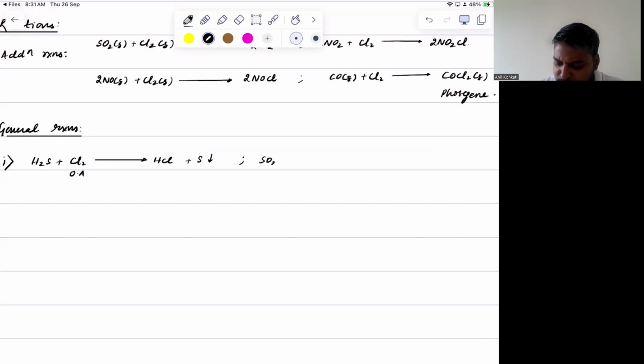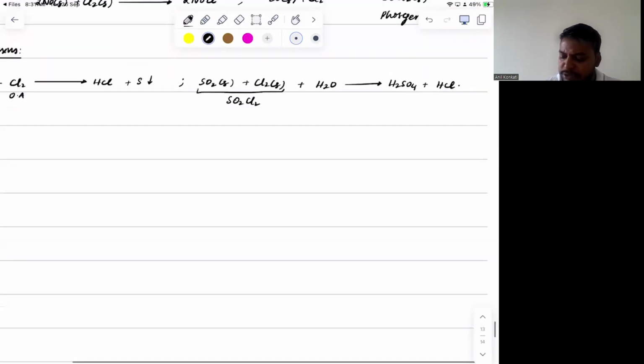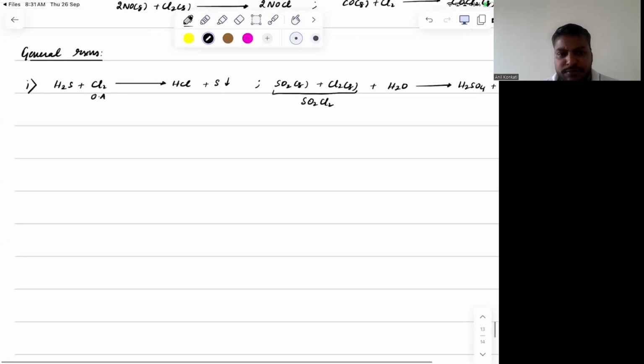Next, if you have SO2 gas plus Cl2 gas, which we just learned can become SO2Cl2, if that is being hydrolyzed, we will get H2SO4 plus HCl. So here also it is acting like an oxidizing agent, oxidizing sulfur into H2SO4. Okay.